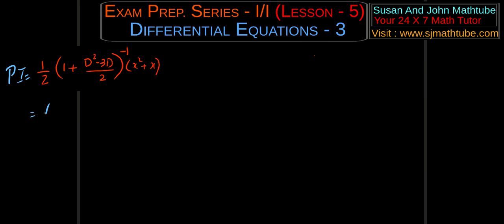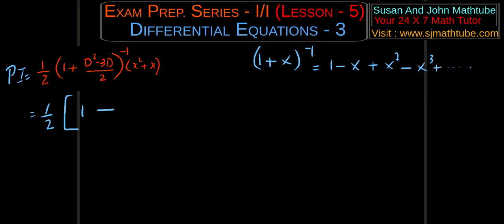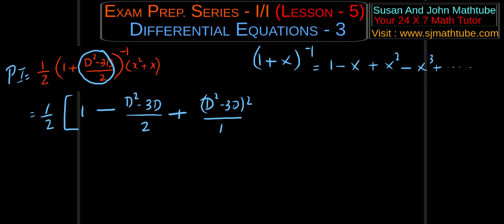So we have the PI. This is equal to 1 by 2. The formula: 1 plus x the whole power minus 1, that is 1 minus x plus x square minus x cube plus etc. So we have 1 minus, and this is our x. So D square minus 3D by 2 plus D square minus 3D the whole square by 4.